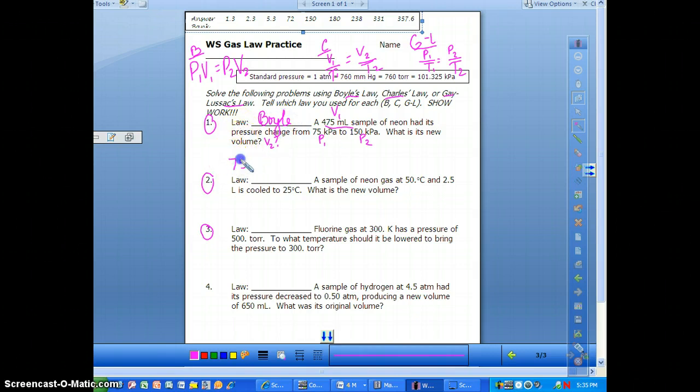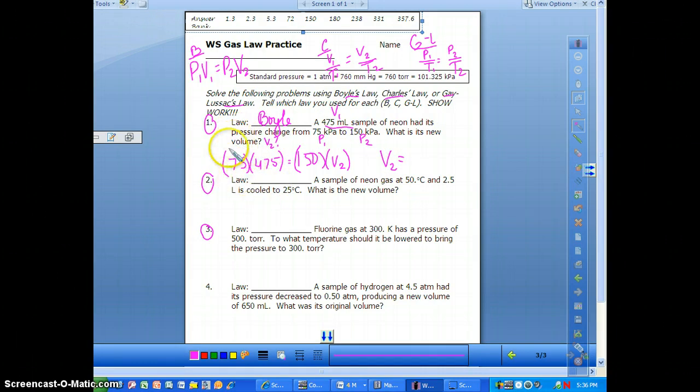We've got 75 times 475, and we've got 150 times V2. Solve for V2 by dividing both sides by 150. I'll give you a second to put that in your calculator.